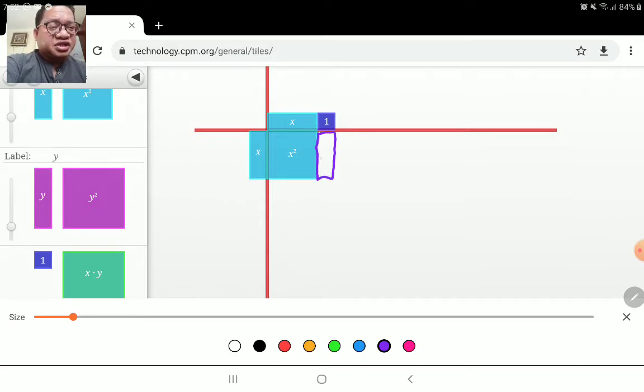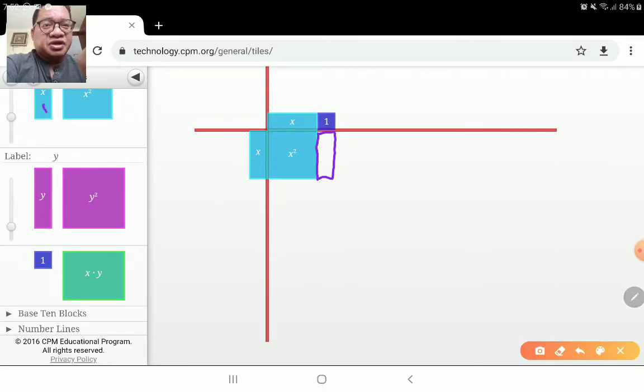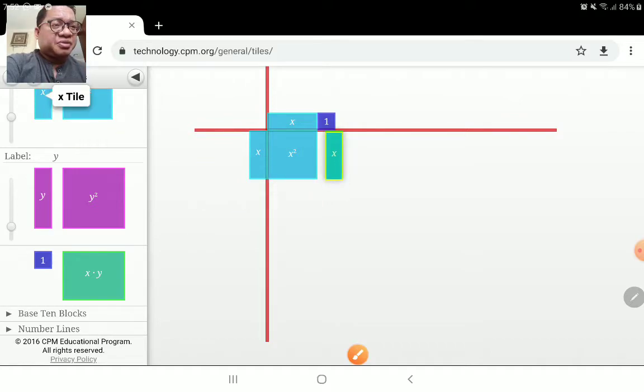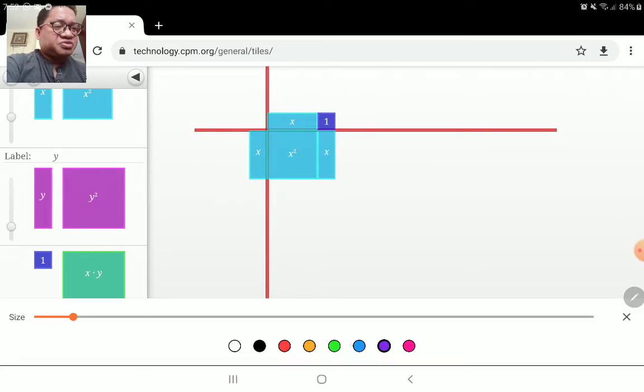When you drag this one and drop it there, it fits the shape, right? No extra, no missing parts, it actually fits the shape. And what is that? That is actually x squared plus x.